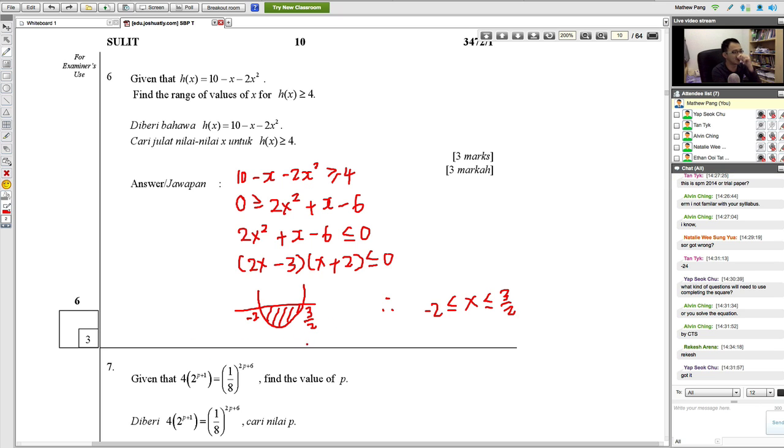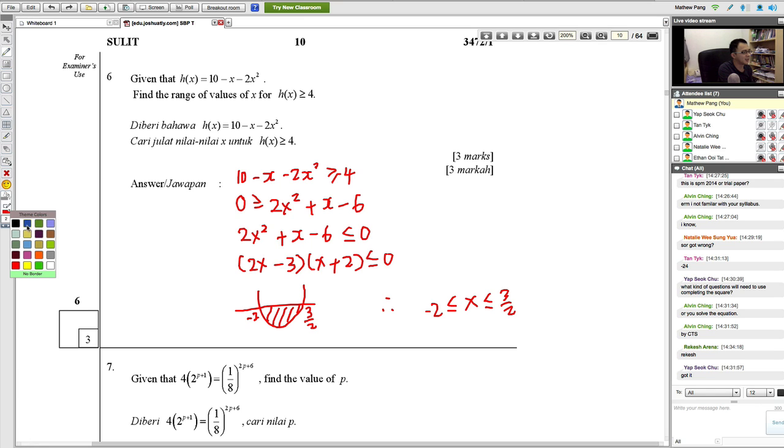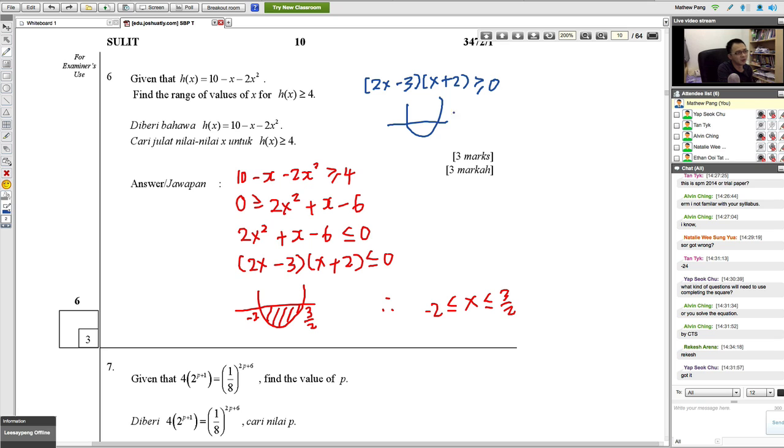Alright, this is how we solve the inequality question for quadratics. You always need to sketch the graph. Let's say in this case I change the question a little bit to bigger than, what will happen? So I say 2x minus 3 times x plus 2 is bigger than or equal to 0. If it's bigger than or equal to 0, the solution will be outside, right?